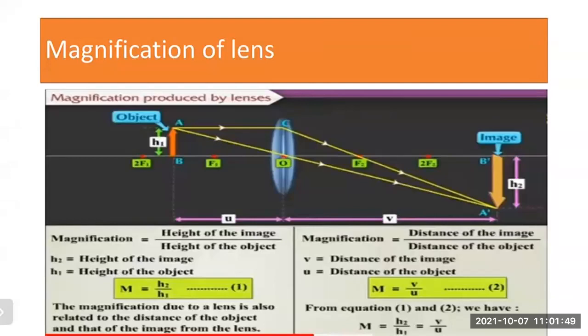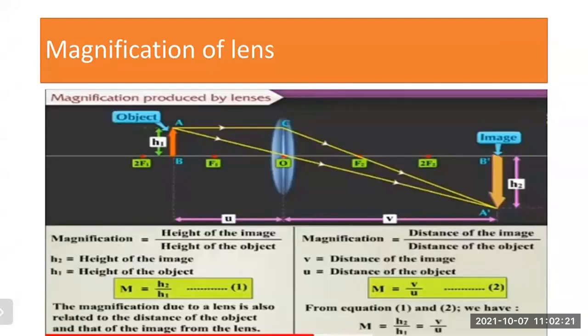Got it? The magnification due to a lens is also related to the distance of the object and that of the image from the lens. So in the next formula, we will see how magnification is also related to the distance of the image and that of the object. Magnification is equal to the distance of the image upon the distance of the object. V is the distance of the image and U is the distance of the object.